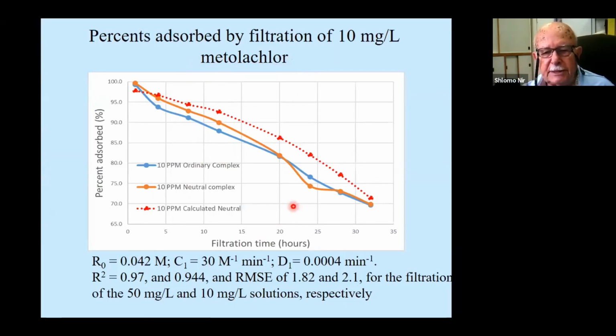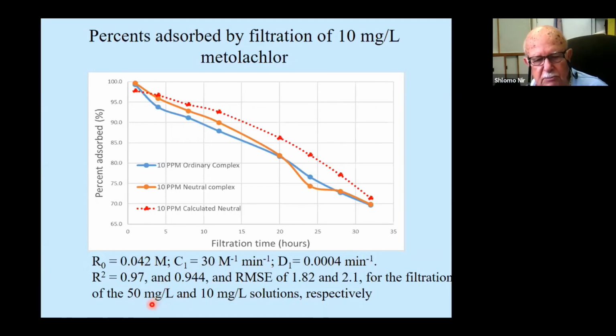In this case, I realized that there is no advantage in having a positively charged complex, and we obtained a neutral complex by adding more clay and less cation during preparation. We consider filtration of two cases, 50 milligrams per liter of metolachlor and 10 milligrams per liter solutions. I show only the second case, but in the first case, we had the modeling of this case.